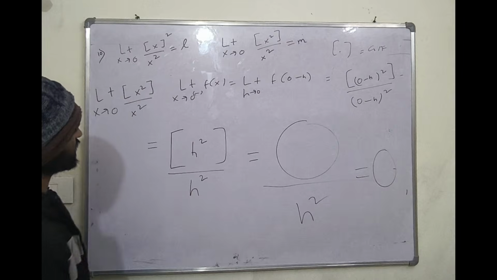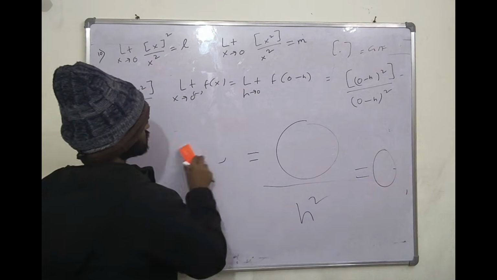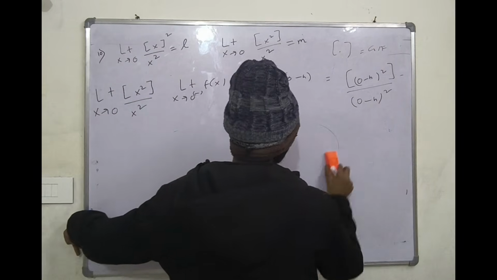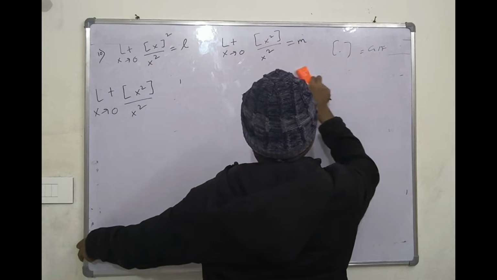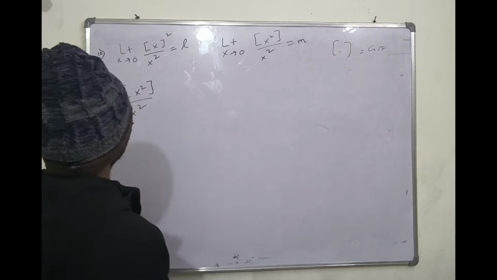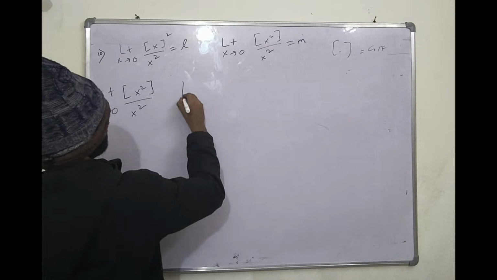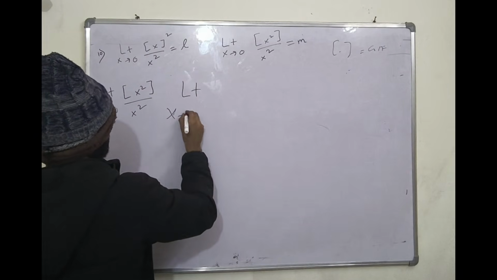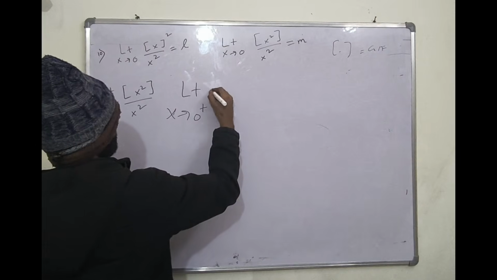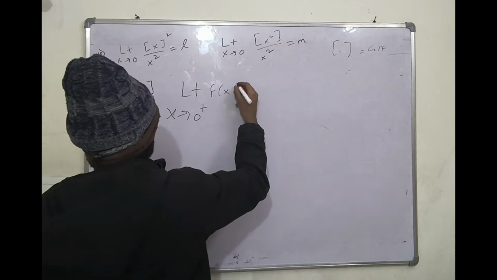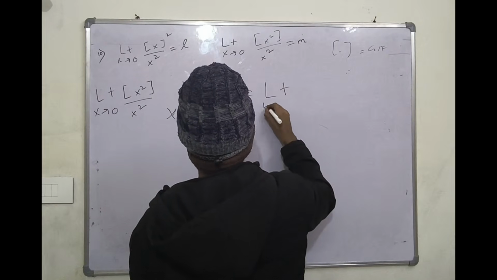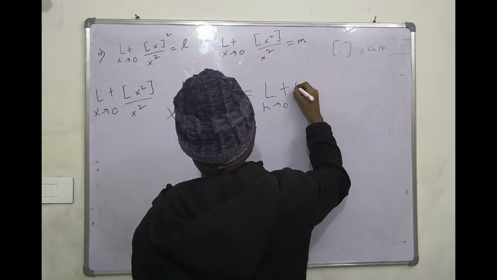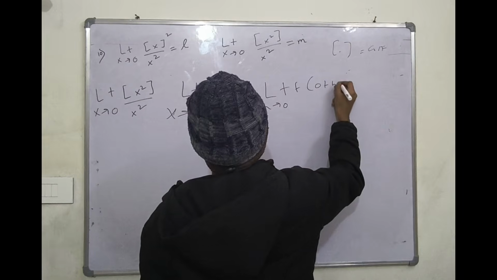So let's find the right hand limit. Limit x tends to 0 plus f of x equals limit h tends to 0 f of 0 plus h.